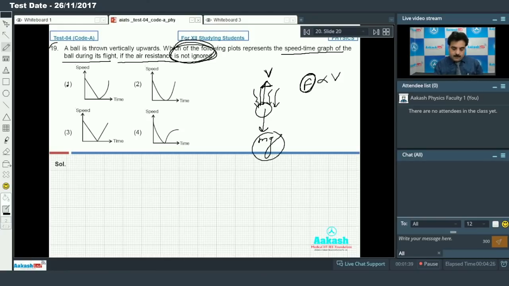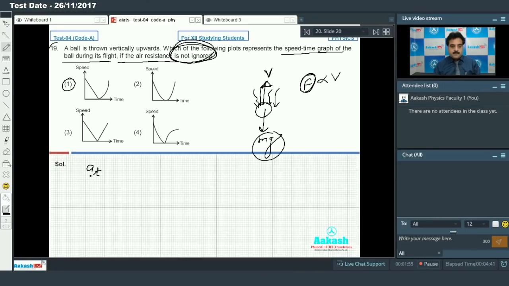And we know that the slope of a speed time graph gives us tangential acceleration. So actually I am going to concentrate only on the tangential acceleration.